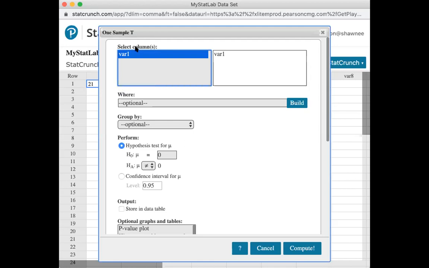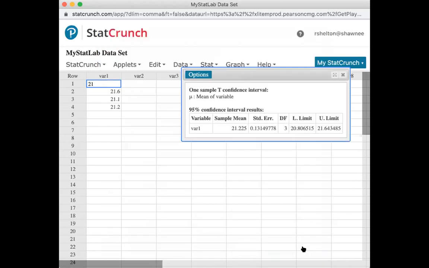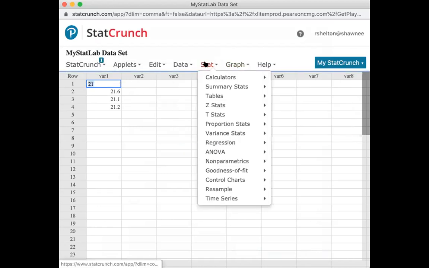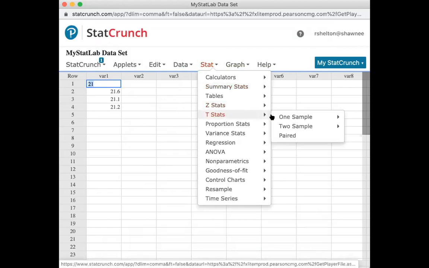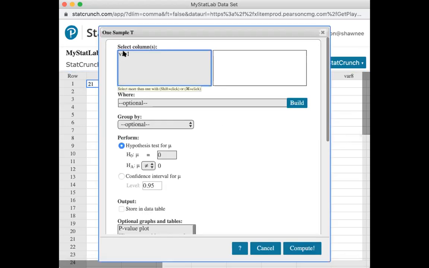If we just tell it to give us a confidence interval, let's see what happens here, okay? See, notice we don't have any T statistic. We just get the interval. That's what we asked for, and we get it, right? But going back, our question's asking, what is the test statistic T? What is its value? So to get its value, one sample with data, we select it.